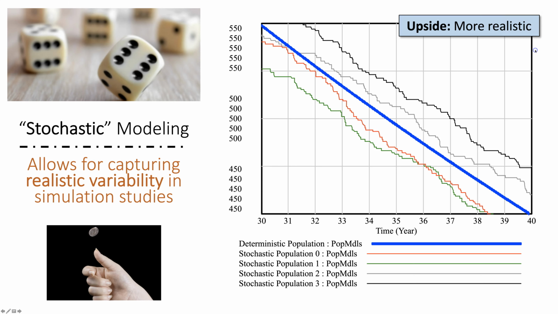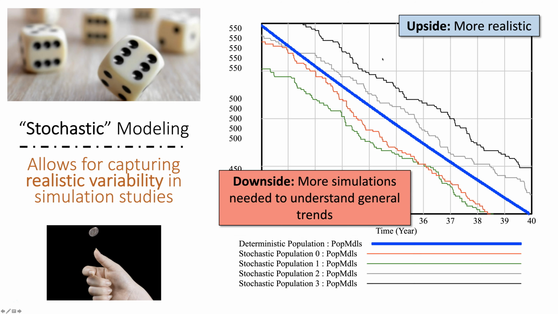The upside is that the simulations are much more realistic. We have discrete counts of bacteria as opposed to fractional bacteria. Some bacteria live for longer than others. It adds to that realism. But the downside is that it is a little more computationally costly. We need to do more simulations in order to understand general trends.